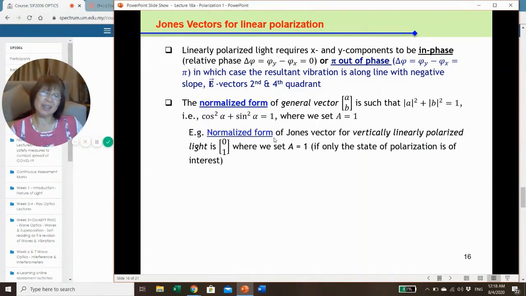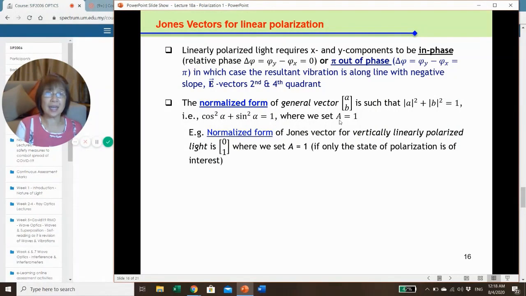And now we're going to define what we call the normalized form of linear polarization. So if we say we have a general vector given by elements A and B, such that when you square this term and square this term and sum it up, it is equal to 1. Well, that's possible. Just now when you have an inclined angle alpha, we have cosine squared alpha plus sine squared alpha. When you add those two, you get 1.